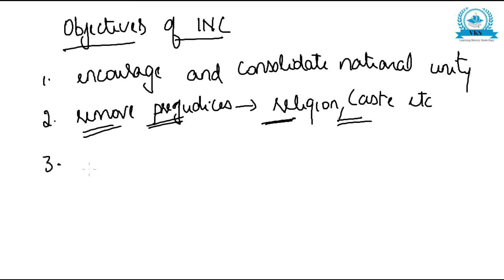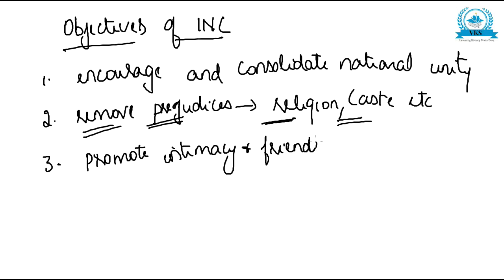The third one was to promote intimacy and friendship among Indians. The main aim was to make the Indians more and more united. So to promote intimacy and friendship among Indians was the third objective of the Indian National Congress.